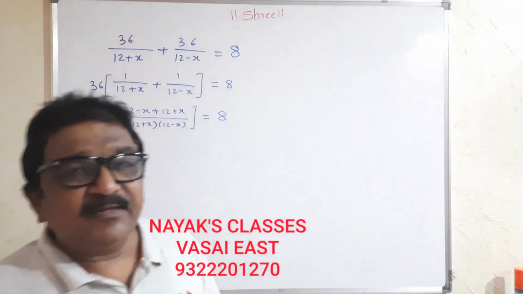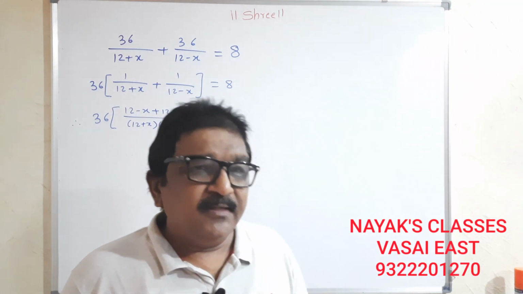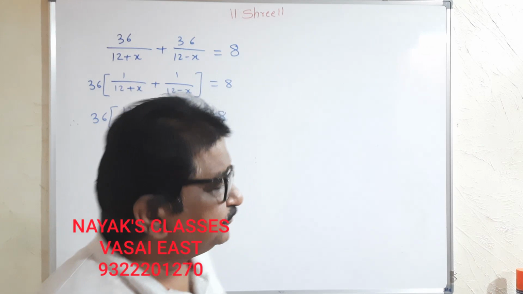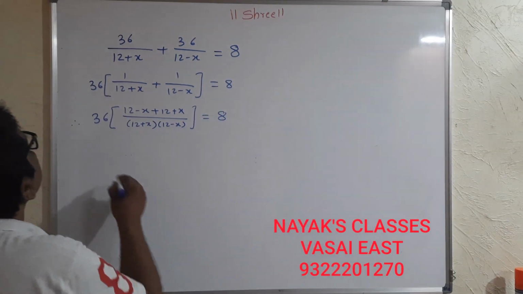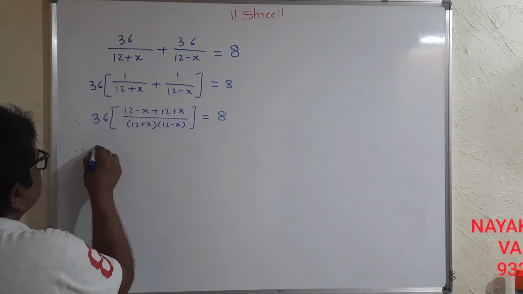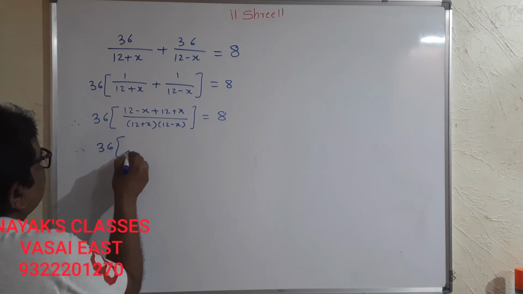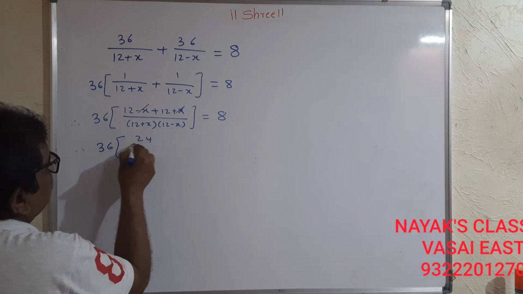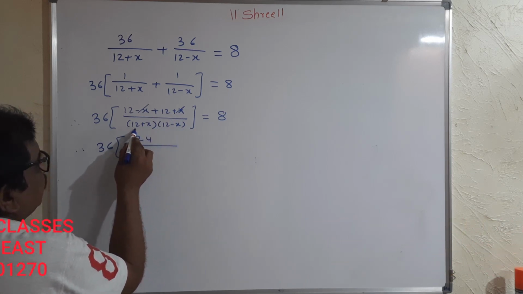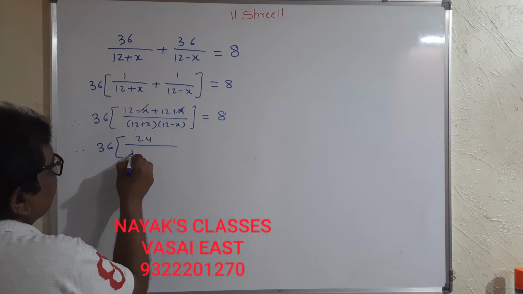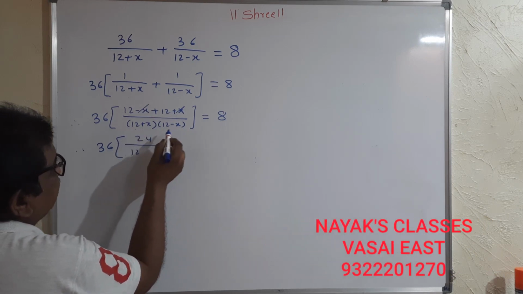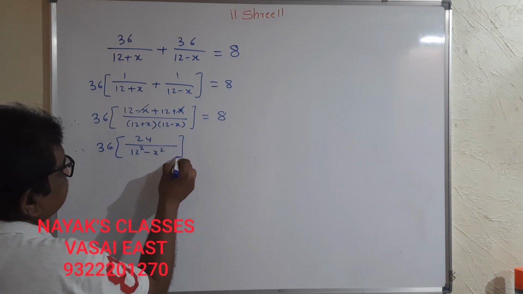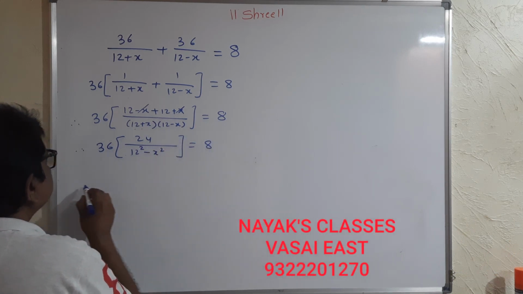We have seen in the previous video, time is equal to distance upon speed. So this becomes 36 into bracket, these two will get cut, 24 upon 12 plus x, 12 minus x. It is a plus b, a minus b, so 12 square minus x square is equal to 8.